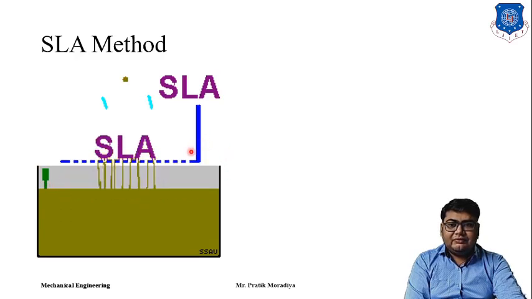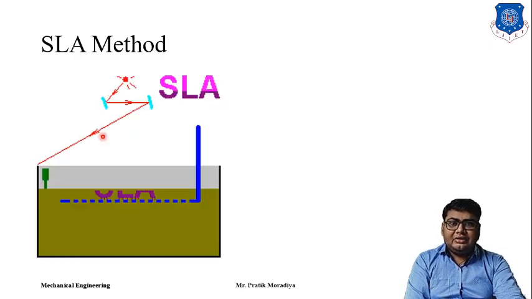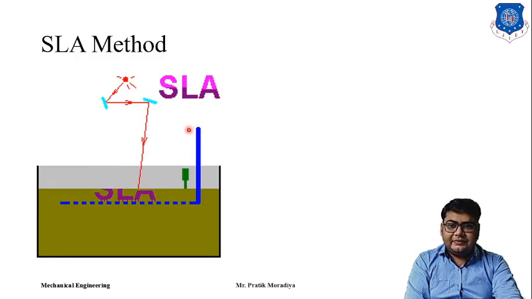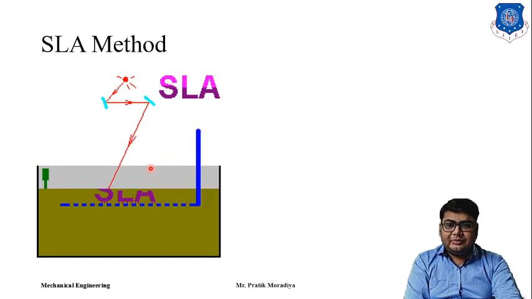The platform will simply move your part up and down layer by layer, and this mirror system will guide the laser where you want it. So this is a simplification of the SLA method, and the method itself will be very similar.